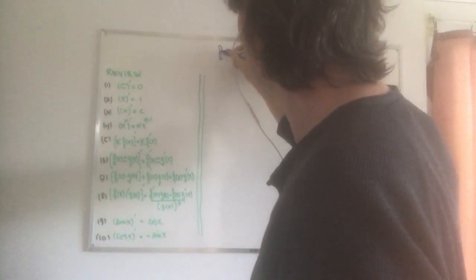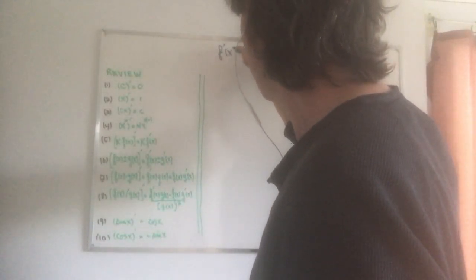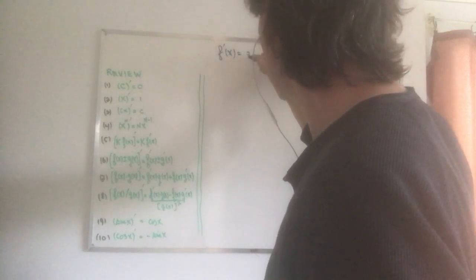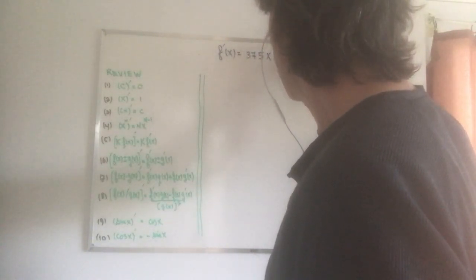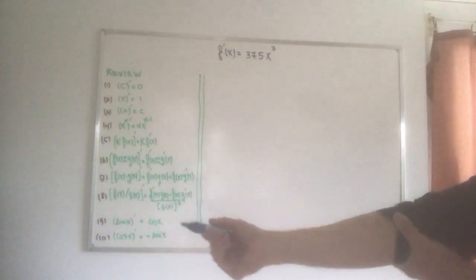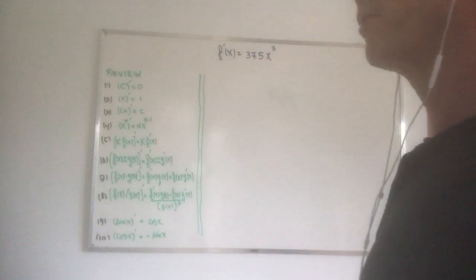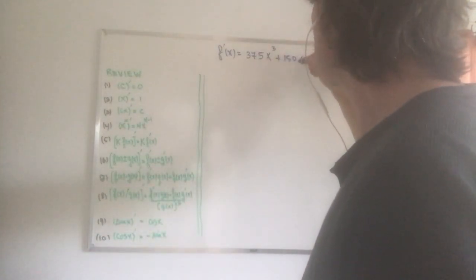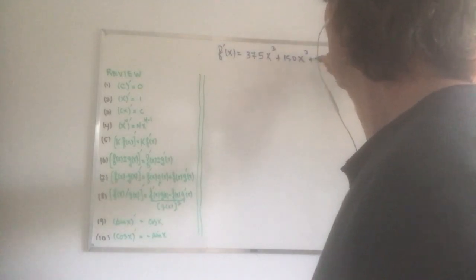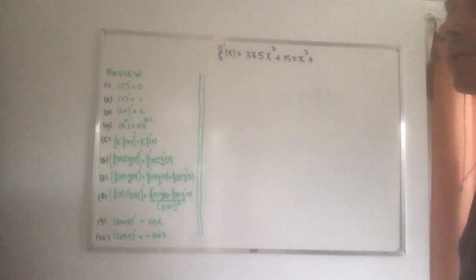Let's do it over here. We had 125 times 3, so that would be what? 375x to the power of 3. What else do I have? Of 2, sorry. Plus 150, that's the power of 2. Plus, what do we have after that?